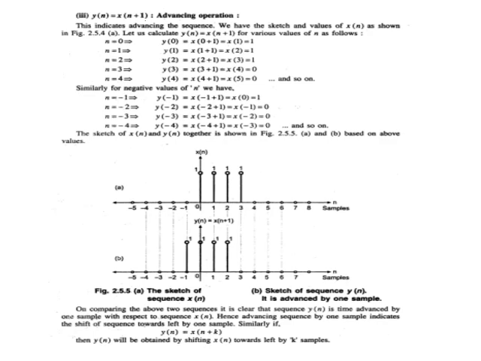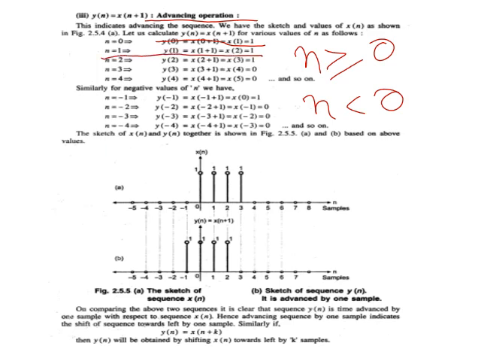This is known as the advancing operation, again for n greater than 0, and the next is n less than 0. So we will start at n equals to 0, y of 0 equals to x of 0 plus 1, that is 1. N equals to 1, this will happen. N equals to 2, x of 3, and n equals to 4, x of 5.